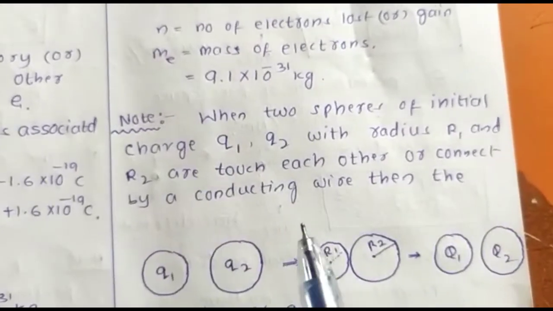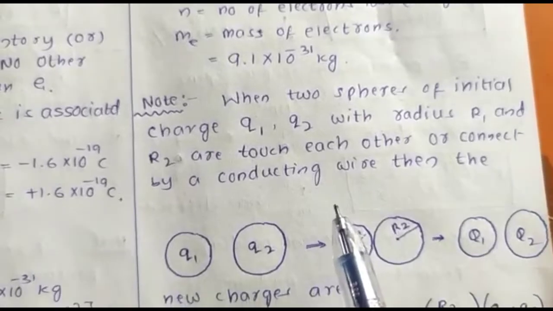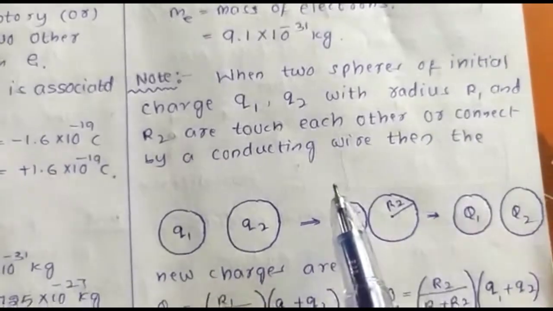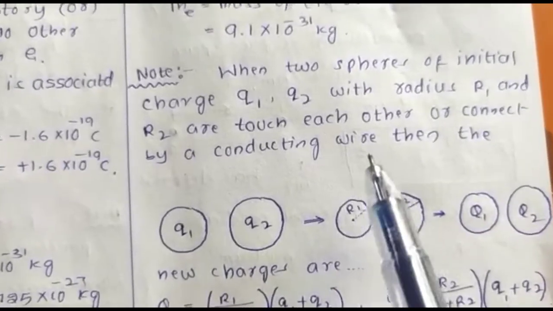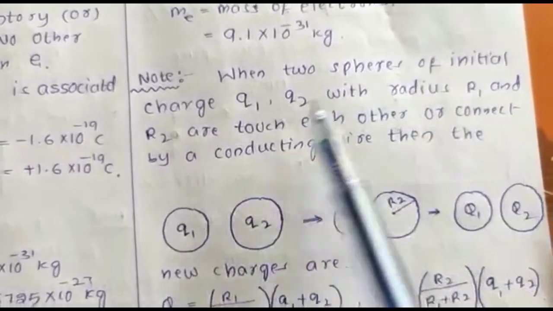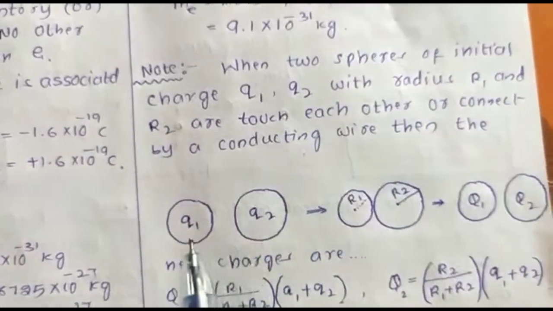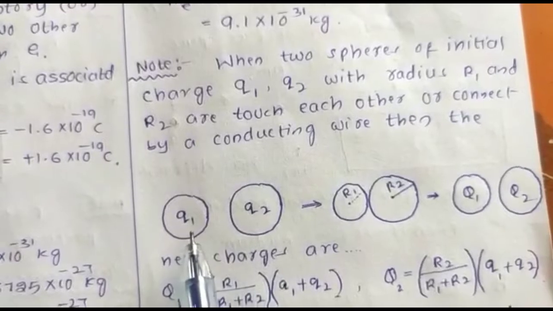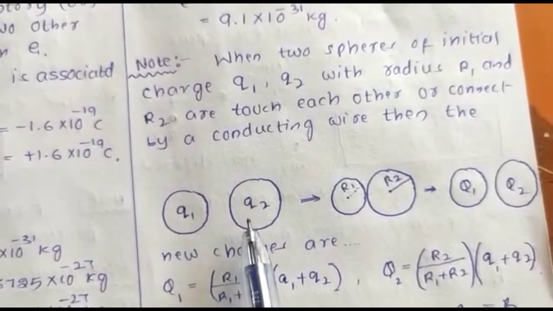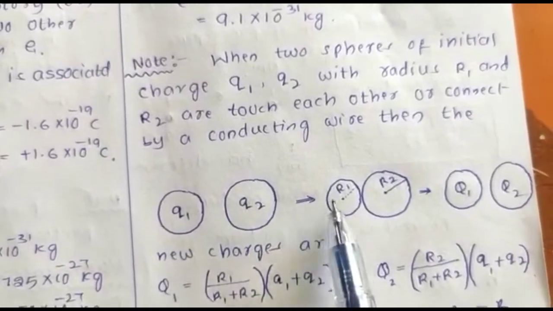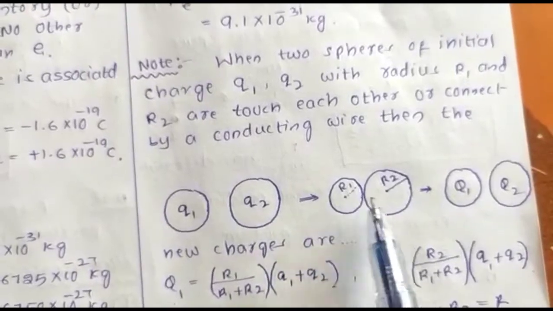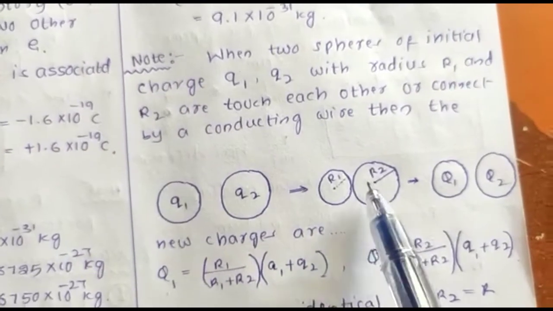Now, one more very important point for problem solving, which is also useful in the Coulomb's law of electric force concept. For example, let us consider two spheres of initial charges Q1 and Q2. The first sphere has charge Q1, the second sphere has charge Q2, and their radii are R1 and R2, and the two spheres are in physical contact.